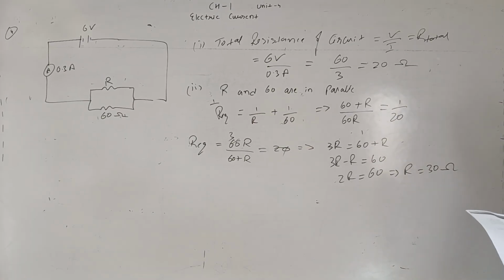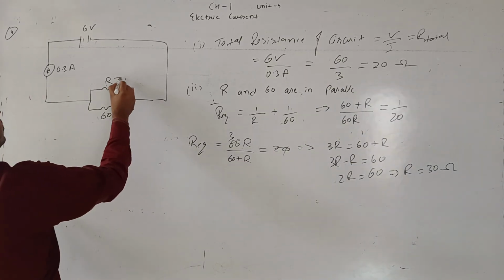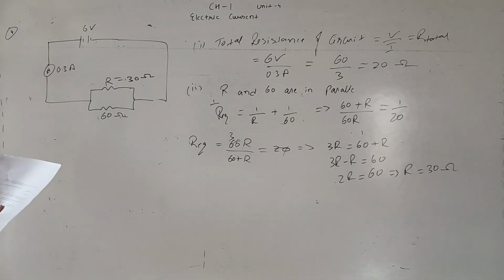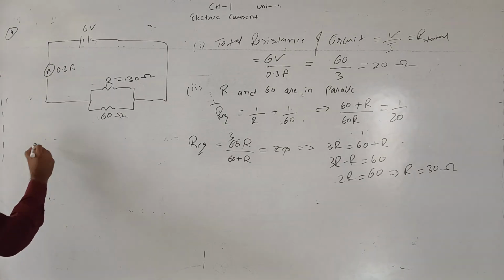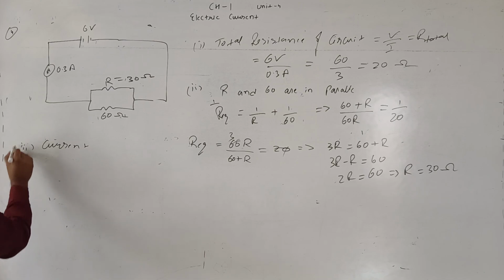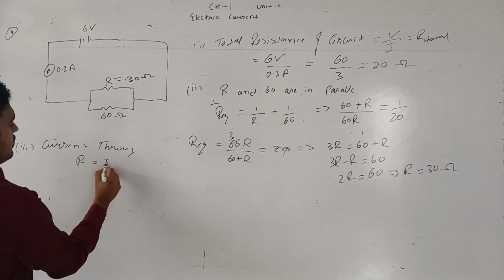So this resistance R is equal to 30 ohms. Third, we have to find the current through R equal to 30 ohm.